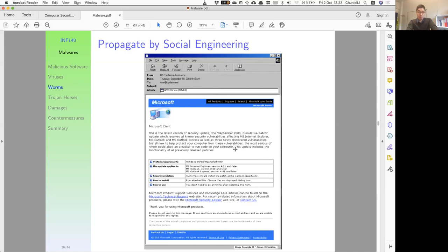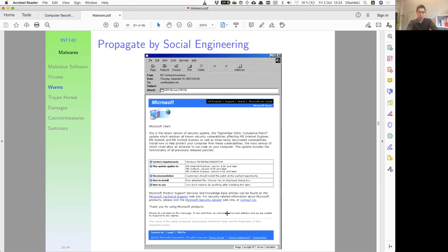this Trojan was sent around this time. It's when this patch was released by Windows. It's rather misleading, and most users will feel like, okay, it looks really convenient for me.